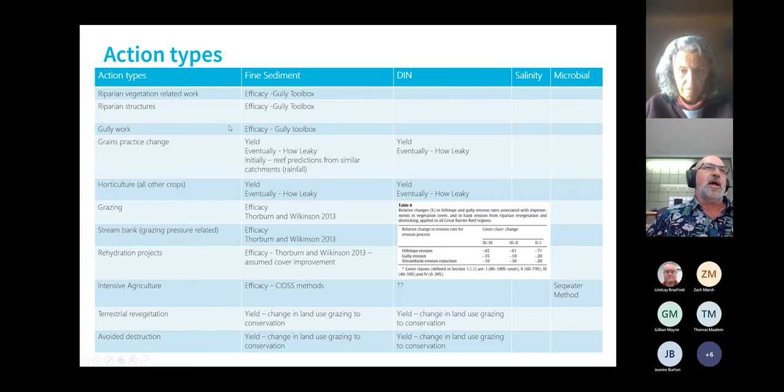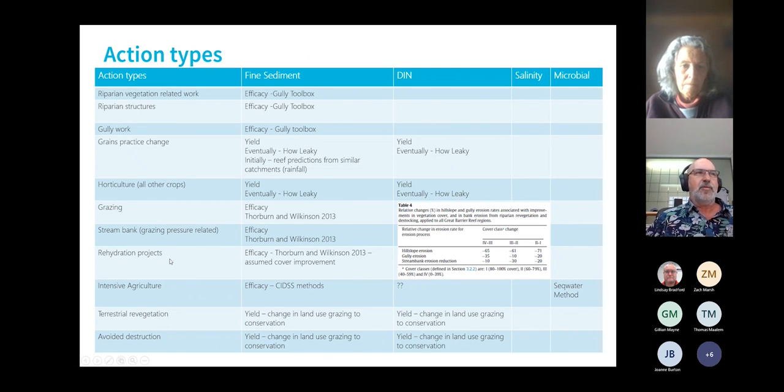And then collectively for our actions, this is my rough representation of how they might get grouped up. There's riparian vegetation related work, riparian structures, gully work, grains practice change, horticulture, or effectively all other crops and practice change, grazing and practice change around grazing, and grazing pressure related stream bank management.